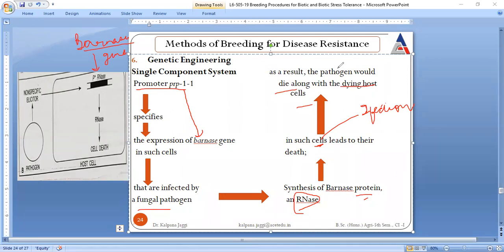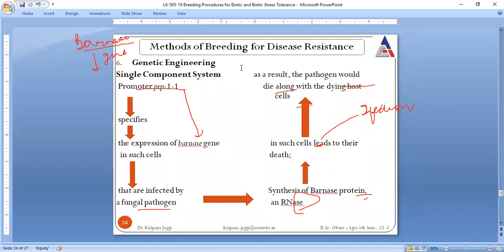So in genetic engineering, whenever I talked about it till now, we always talked about the modification of the gene, but here the gene is not being modified. Here the system of the cell is being activated. Because we know certain diseases, see students, there are basically two concepts.